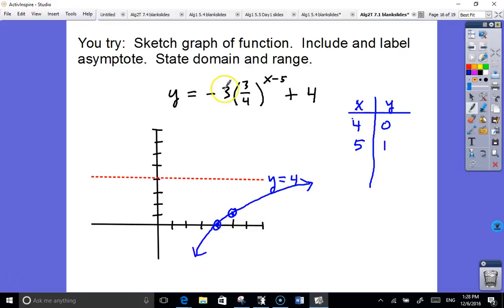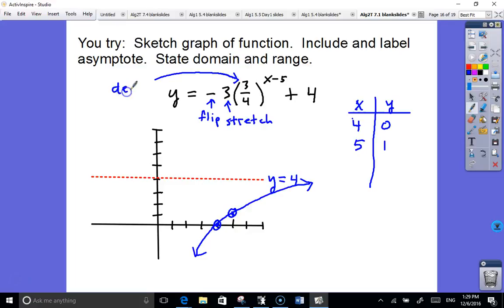Right, so what's the effect of the negative in front? Flip, right? What is the effect of multiplying by a constant, absolute value greater than 1? Stretch. What does it mean that the base of the exponential is less than 1?